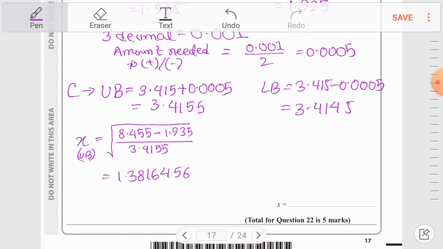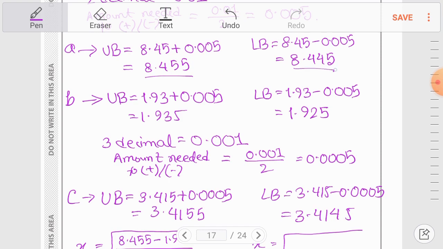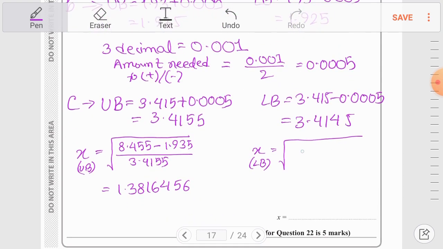I'm going to do this exact thing for x again, but using the lower bound values of a, b and c. So now I'm using the values of lower bound. So this would give a lower bound value of x. That is, the lower bound value of a was 8.445.